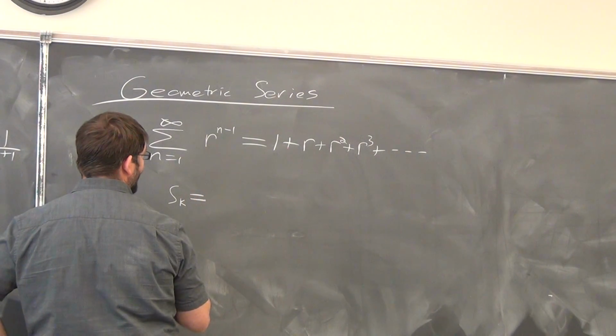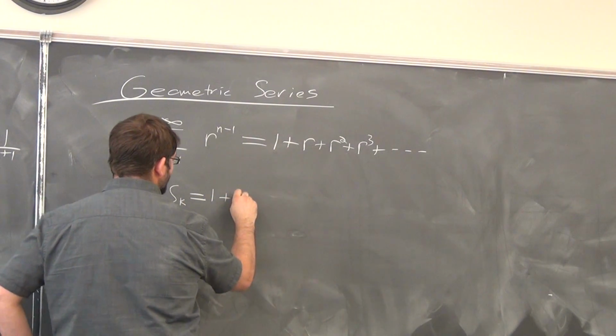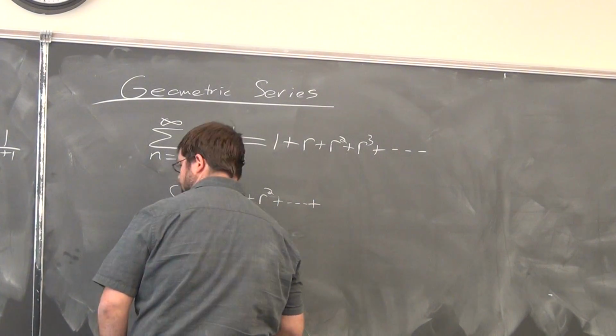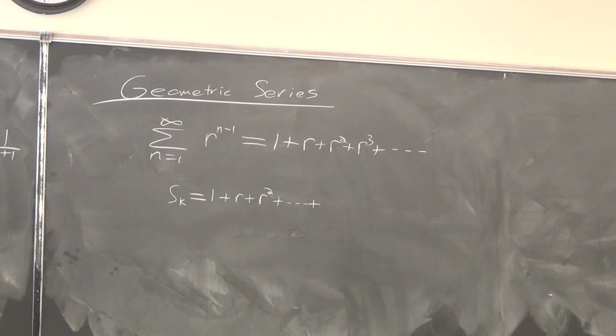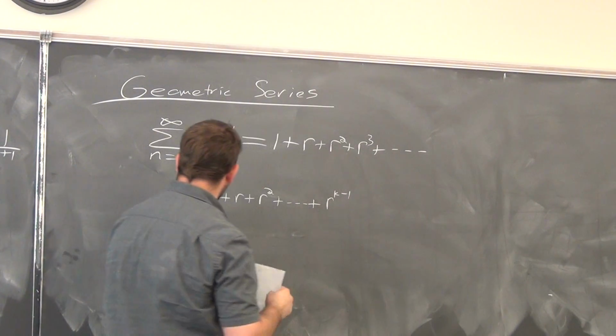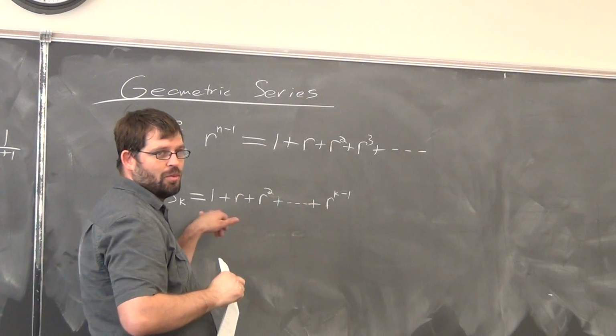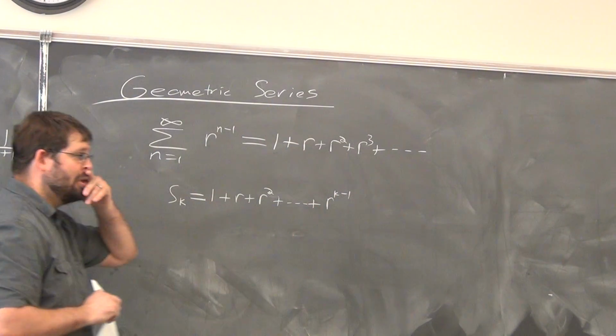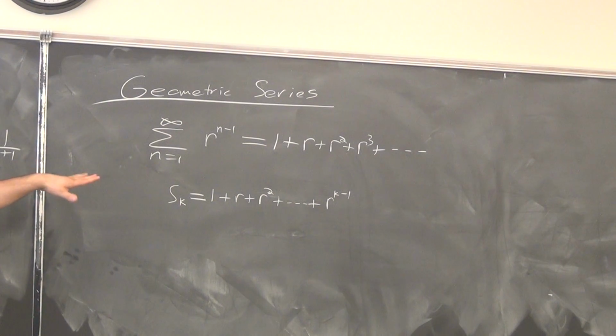So S sub k, that's going to be 1 plus r squared up to what? So you could do r to the k. I'm going to say r to the k minus 1. Right? That's really the first k terms is usually what the sum means, and we started at a 0 basically. Either way, it's not a big deal. If you're off by 1, you'll get the same value. But let me call it that.